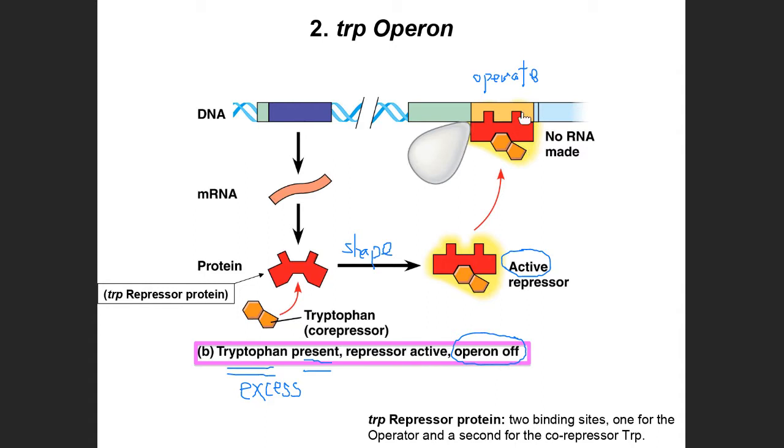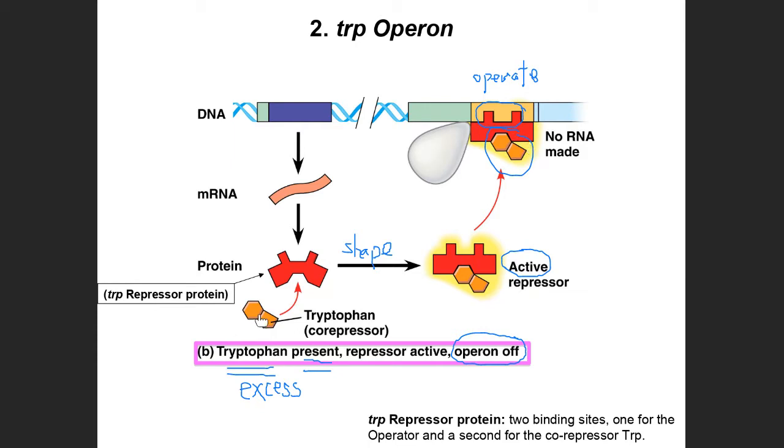Now please notice something. Unlike the Lac repressor protein, for the Tryptophan repressor protein, both binding sites can work and do work at the same time. This is not true for the Lac repressor protein. The Lac repressor protein is either binding to the Lac operator or it's binding to lactose.